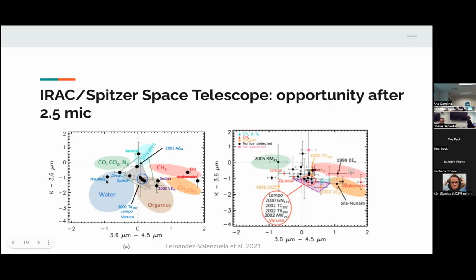So for example, Haumea, the technique works. Haumea is well known because it has data from visible and infrared, so it's compatible with water ice. So Haumea is here in the region of the water ice. There are, for example, Eris and Makemake. There are also other known TNOs that have methanol in the surface composition, so they are here too in the right place.